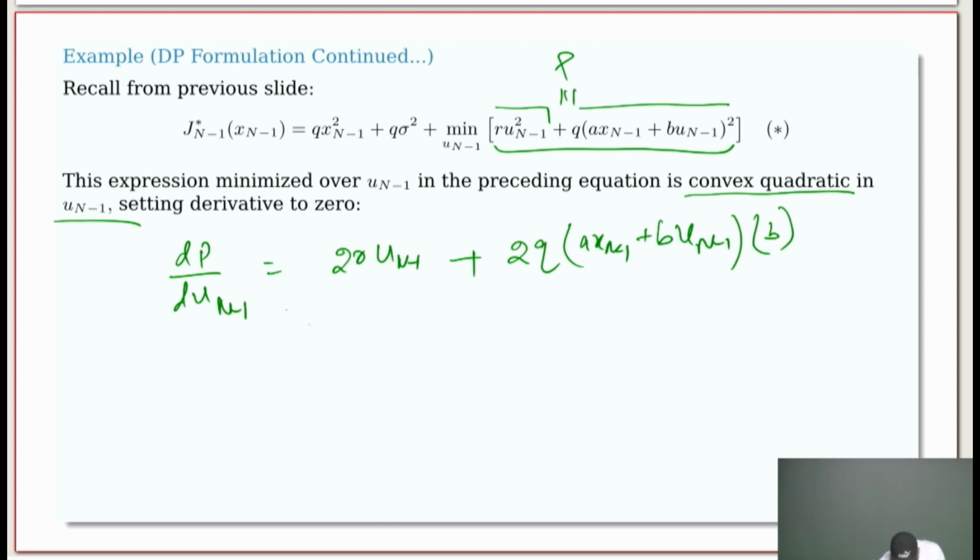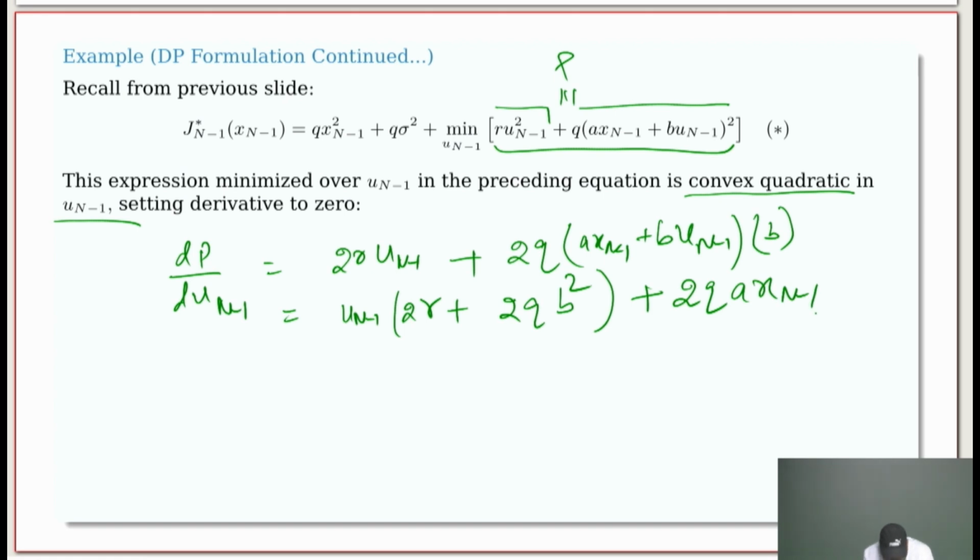Now let us simplify this and put everything in terms of u_{n-1}, because we are supposed to take the double derivative to check convexity. I will take u_{n-1} common, so this is (2r + 2q b^2) u_{n-1}, and the remaining term is independent of u_{n-1}, which is 2q a x_{n-1}.